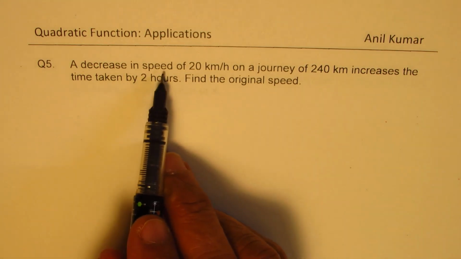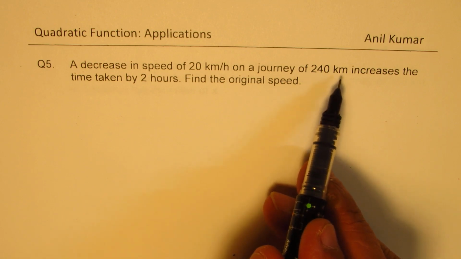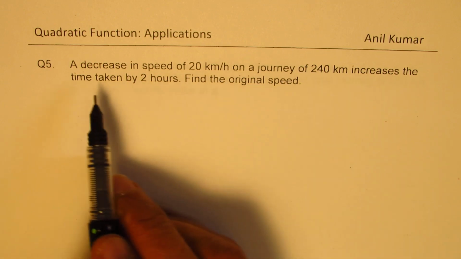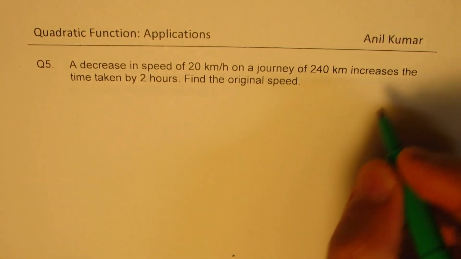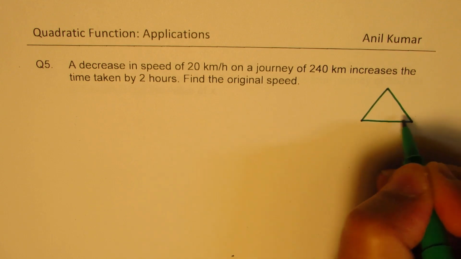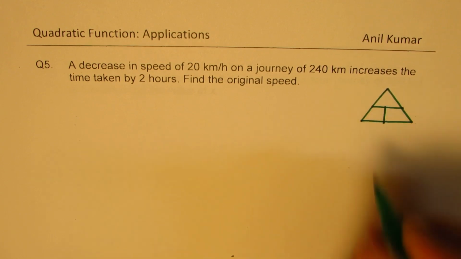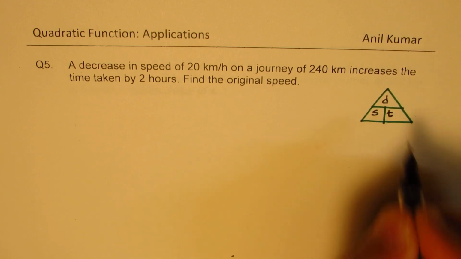A decrease in speed of 20 kilometers per hour of a journey of 240 kilometers increases the time by 2 hours. Find the original speed. So now, when we have distance, speed, and time, let's remember this triangle. Distance, speed, and time.